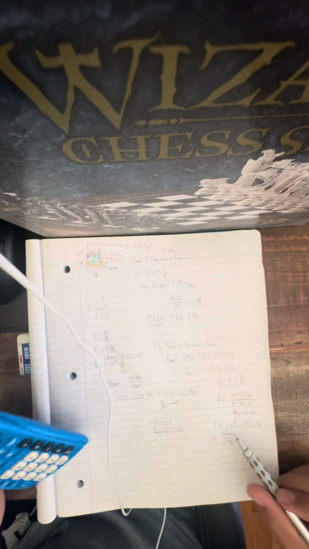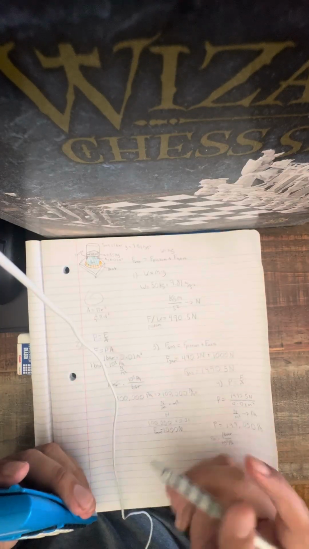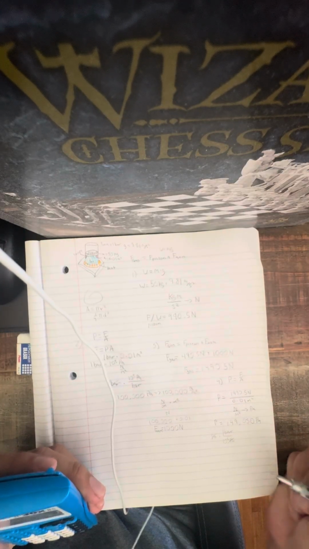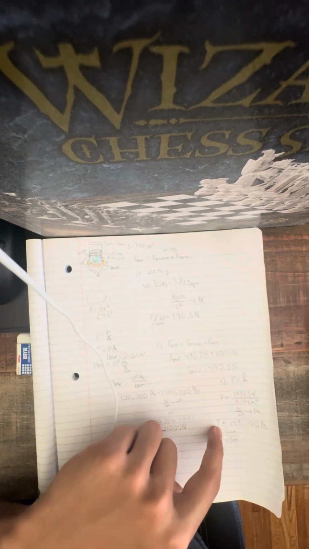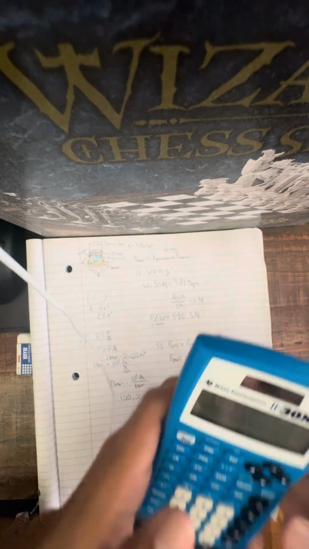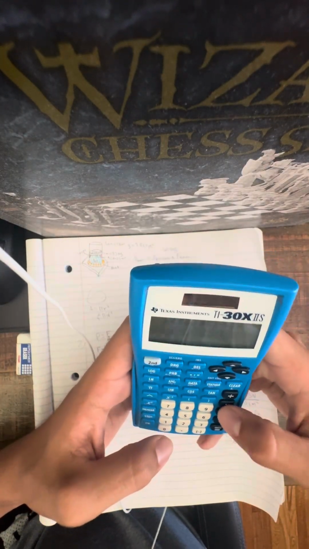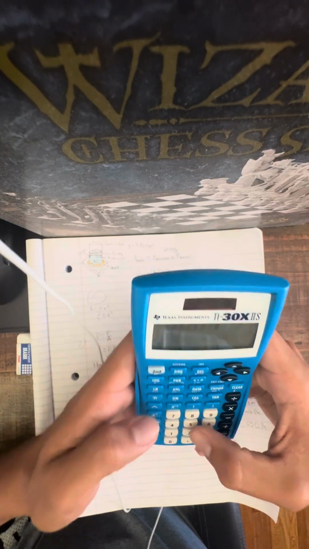So you need to divide this pressure by 10 to the 5. And your Pascal units cancel out, leaving you with bar, divided by 10 to the 5.